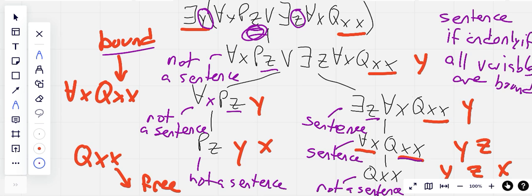So even though we're quantifying over y, z is still unbound, so this whole thing is not a sentence. Okay, so that's a lot of analysis of one formula. We looked at whether subformulas were sentences, we looked at whether this overall was a formula, and we talked about bound and free variables as well as variable scope.